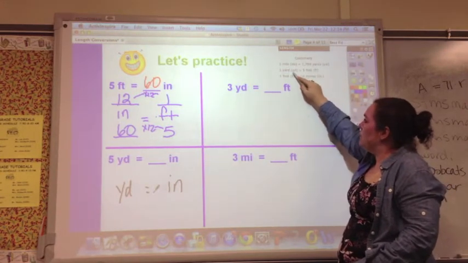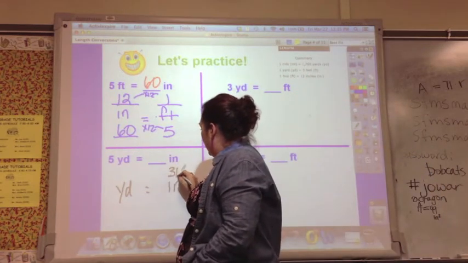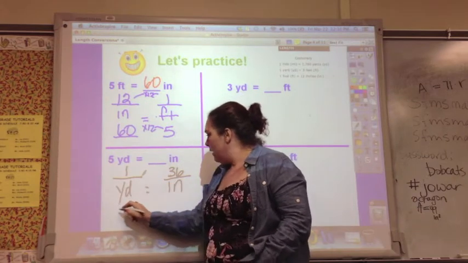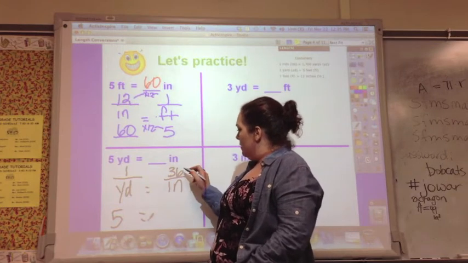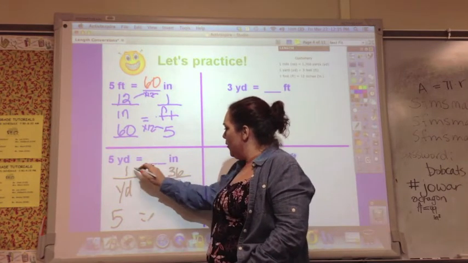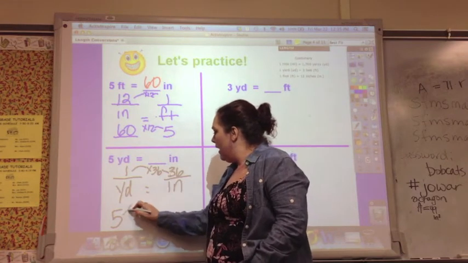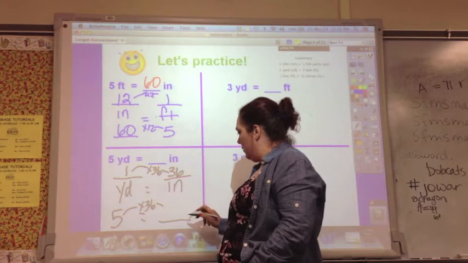So there's 36 inches in a yard. So 36 inches in 1 yard, and I've got 5 of those yards. So this is multiplied by 36. So 5 times 36 equals the number of inches.